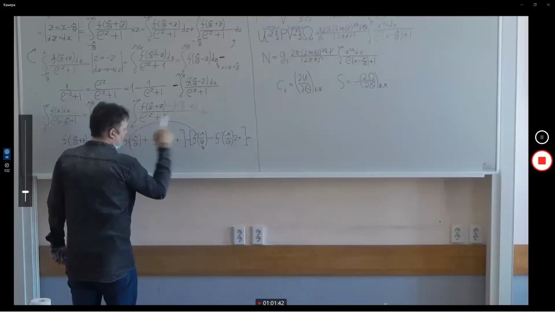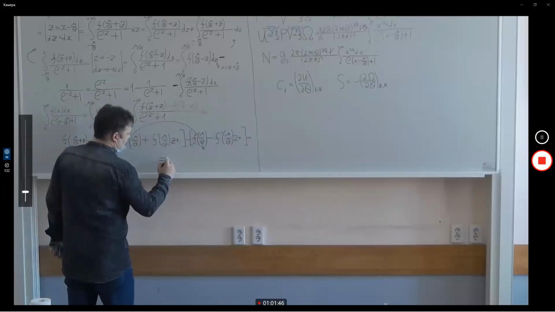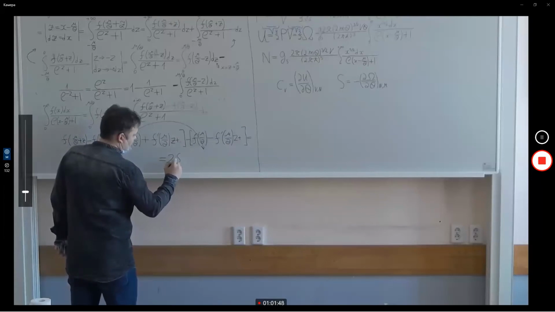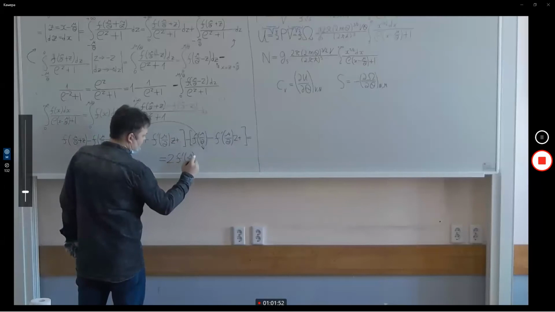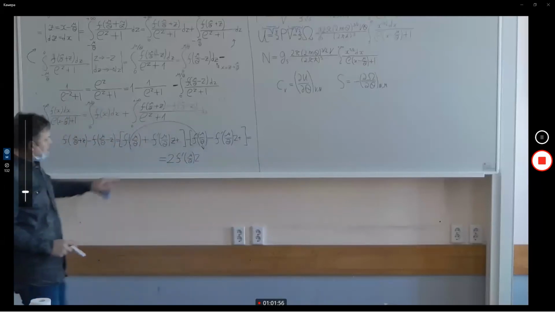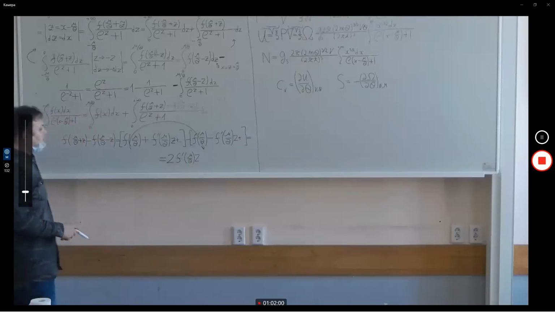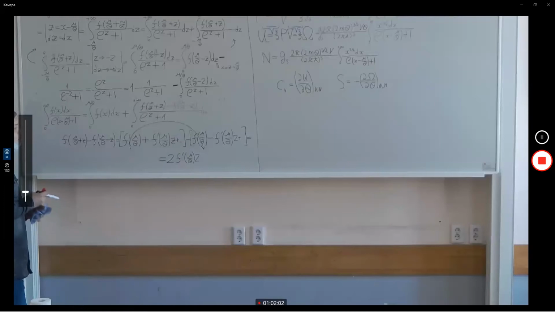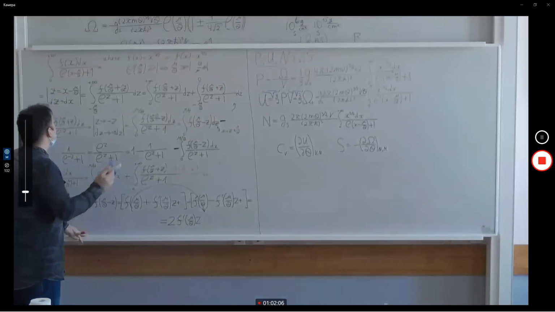These guys cancel each other, and I get 2f prime of mu divided by theta, times z. Please note that f prime of mu divided by theta doesn't depend on z, so it's a constant.